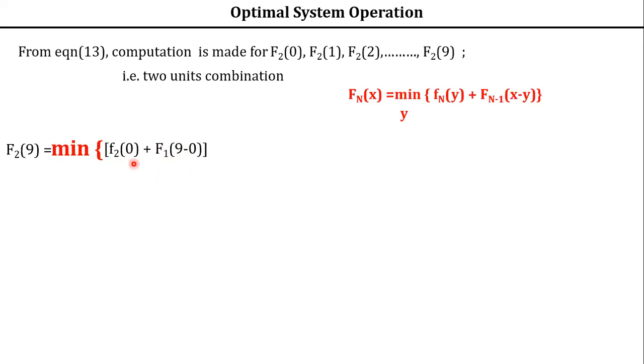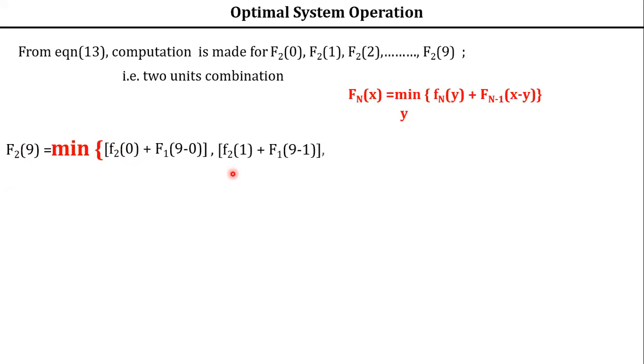Next one, because what we have to do, we have to write all the combinations. Then out of these combinations, which combination will provide you the minimum value? So that is your minimum cost of generating 9 megawatt by your second unit. Clear? So this is one combination, comma.